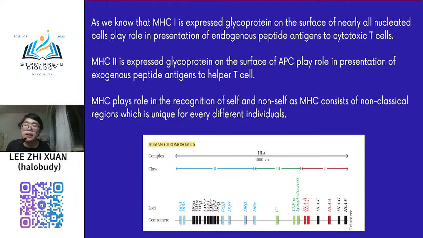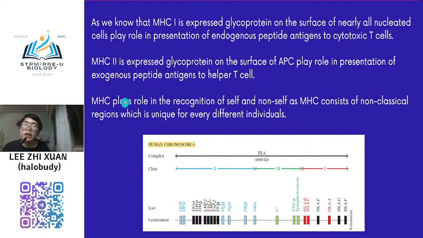You need to check whether the donor organ is compatible with you or not. You need to test first, and the test they use is to test the genetic sequence of your MHC.